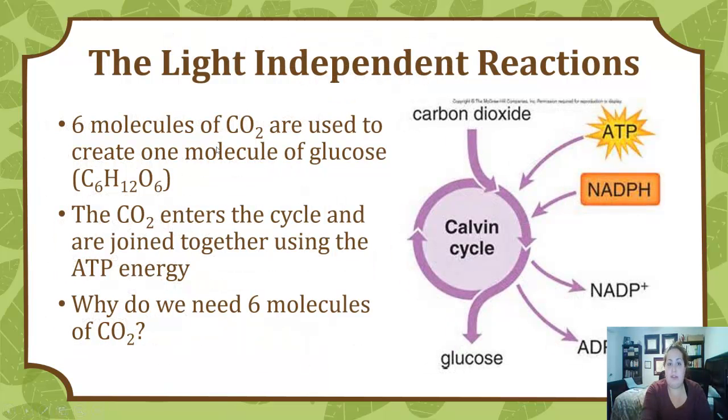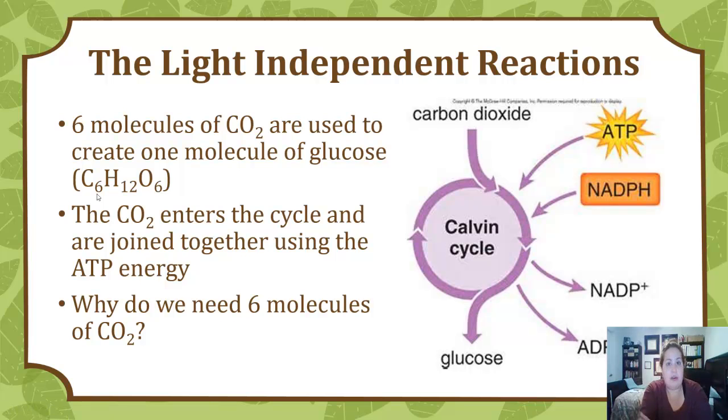6 molecules of CO2 enter into the cycle and are joined together using that ATP energy to create 1 molecule of glucose. So why do we need 6 molecules of CO2? If you notice in our chemical formula for glucose, we have 6 carbons here. Those 6 carbons have to come from somewhere.